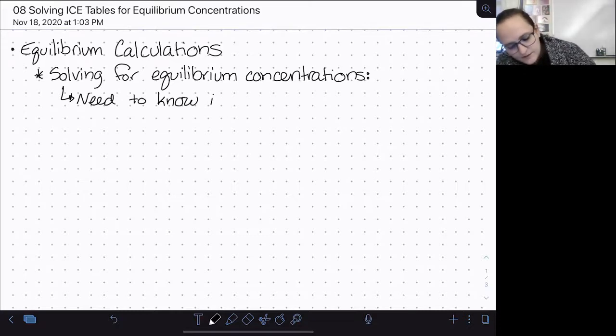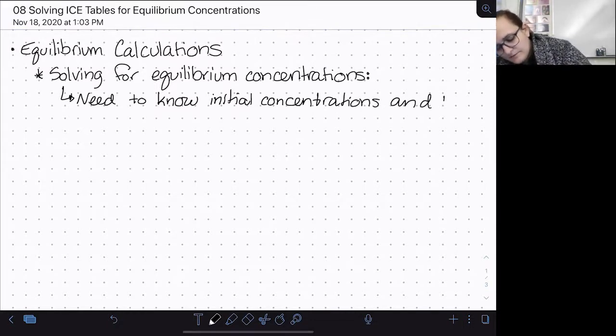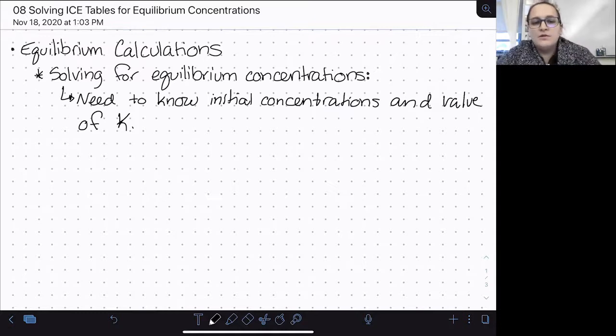So we need to know initial concentrations and the value of K in order to be able to solve for all of our equilibrium concentrations.